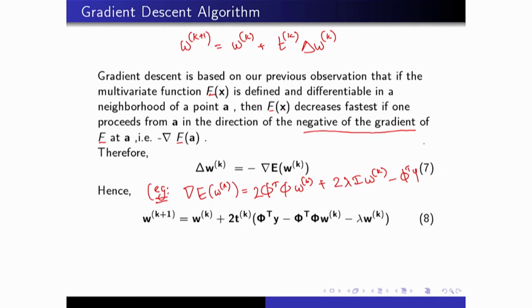So the negative of that, if you add it along with the step size, you get this expression: 2 t_k times Phi transpose y minus Phi transpose Phi w_k minus lambda w_k. So the negative sign has just been used on each of these terms.